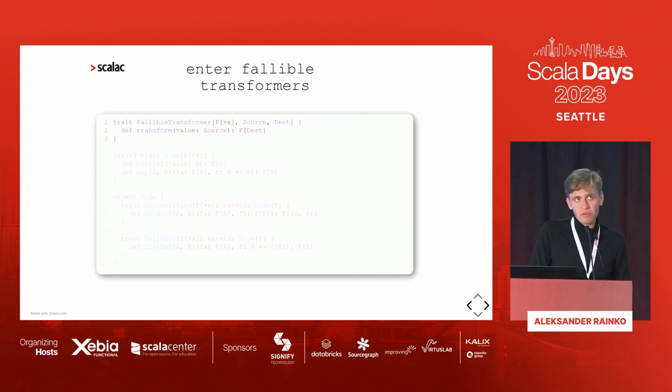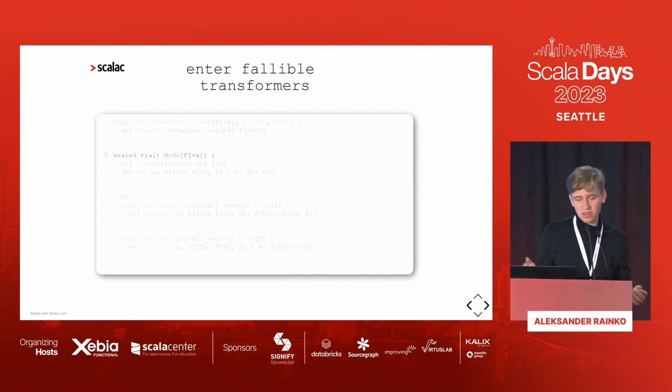To work with partial transformers, we can work with them in two ways. We can configure it to do accumulating transformations, which will, as the name implies, accumulate the errors that happened between different calls, or fail-fast transformations that will bail at the first sign of trouble. To do that, we use modes.